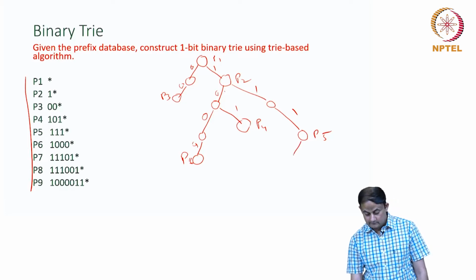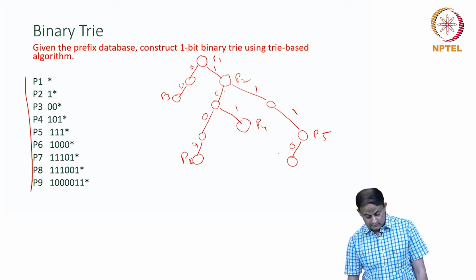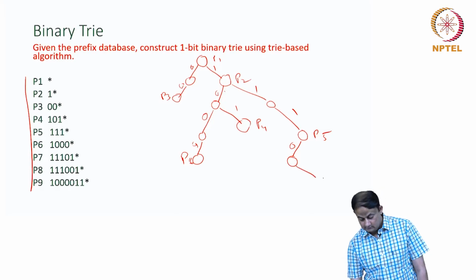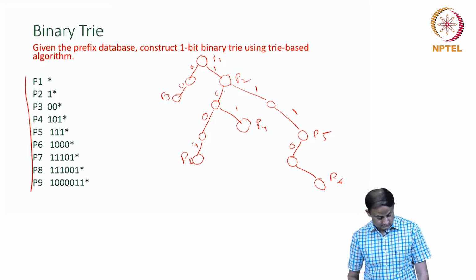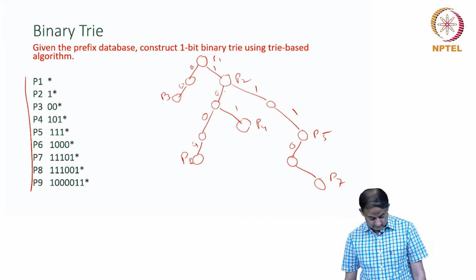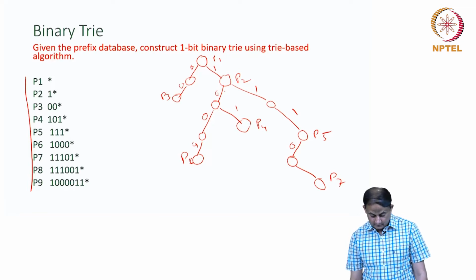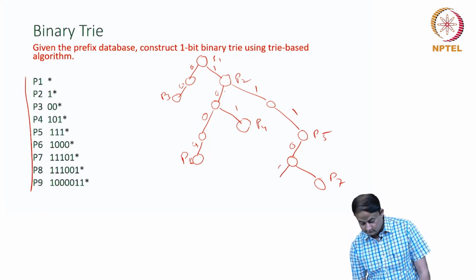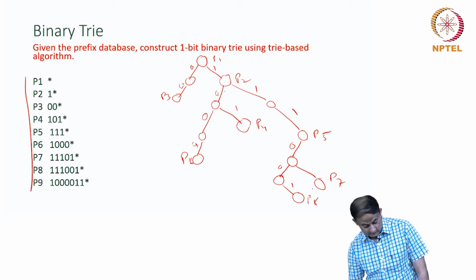The 111 is already there, followed by a 0, a node here, and then a 1. So I come here, this is my P7. P8 is 111 followed by 00 followed by 1. The 1 0 is already there, one node, and then followed by 1. You are here, this is my P8.